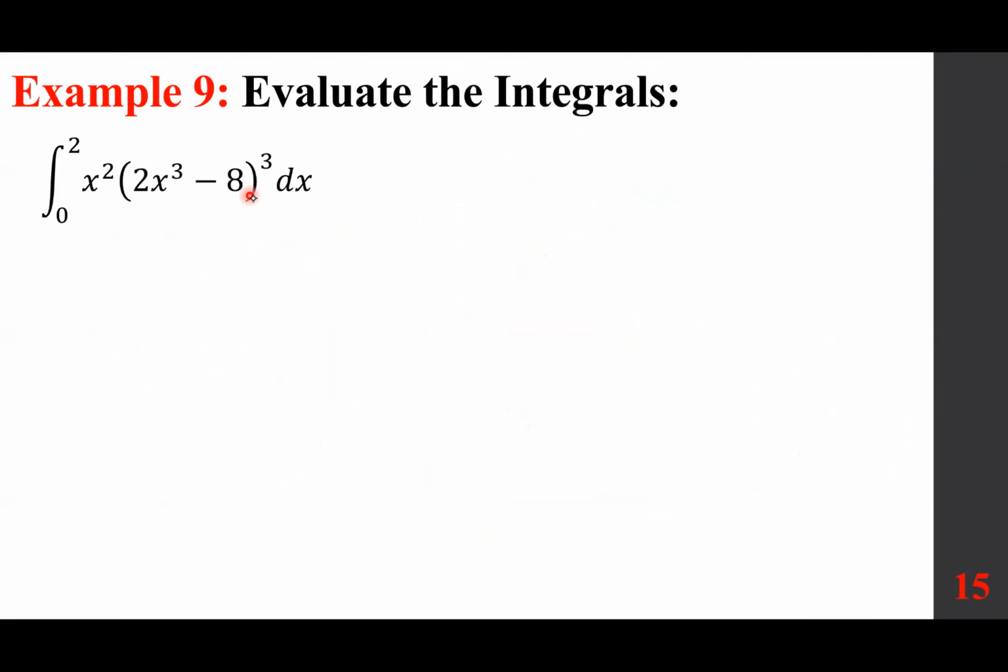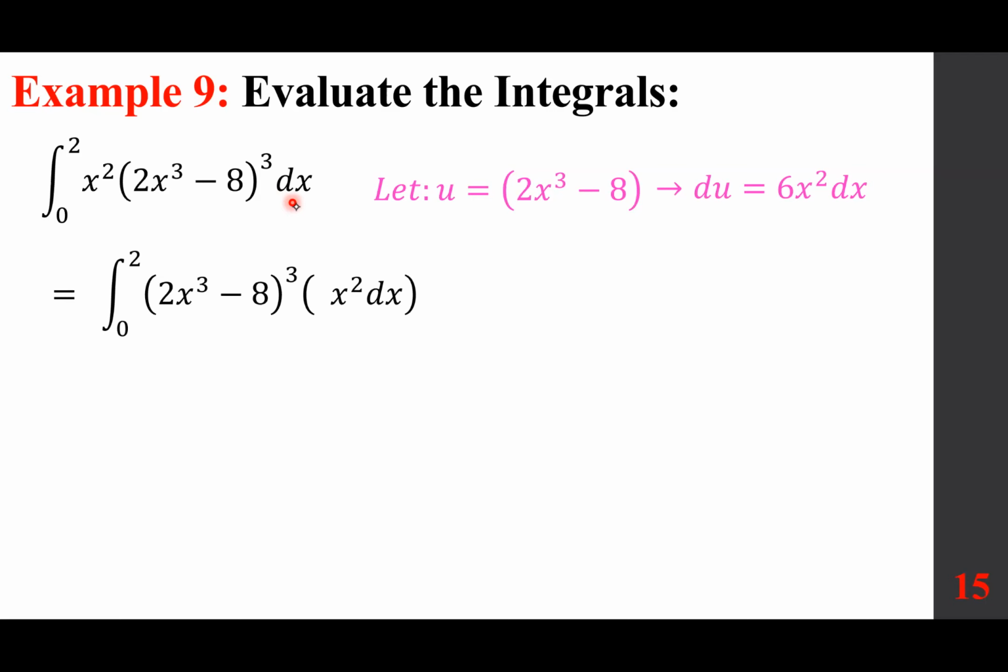Let's do this one, and there are a couple of polynomials, x squared and 2x cubed minus 8. Clearly, this is a more complicated one, and that's the choice of u. As you know, the derivative is 6x squared, so du is 6x squared dx. I'm going to move the x squared next to dx again, so it becomes clear what we need over here.